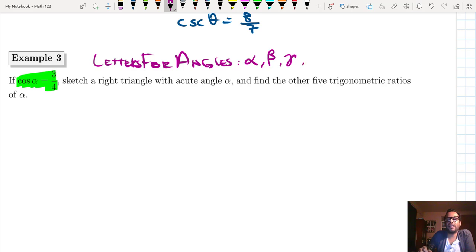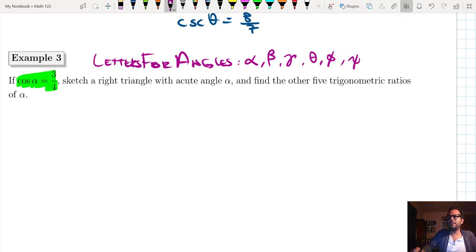We also use theta, phi, which is similar to theta, and I believe psi is another very common letter for angles. So those are the most common Greek letters used for angles, right?